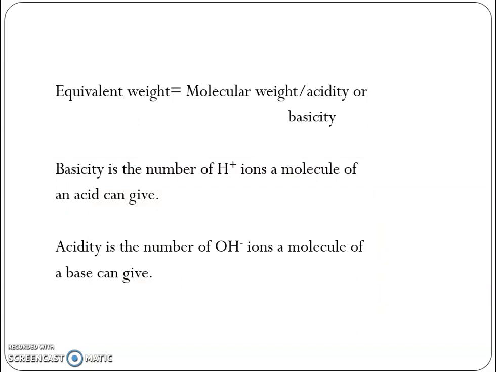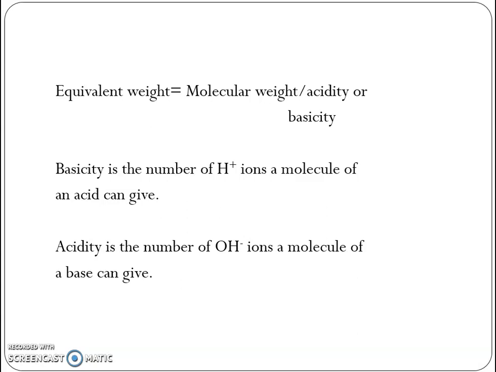Thus, equivalent weight is equal to molecular weight upon acidity or basicity of the substance. So what is basicity? Basicity is the number of H plus ions a molecule of acid can give, and acidity is the number of OH minus ions a molecule of base can give.